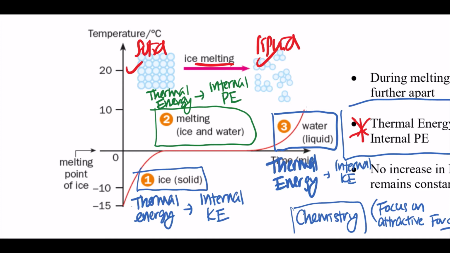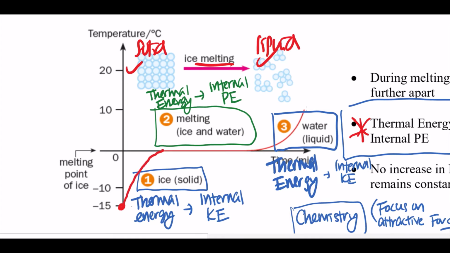The temperature starts from -15. By the way, solid ice can go below 0 degrees Celsius into the negative region, no problem with that. So assuming that we start off with solid ice at -15, as we supply heat to it, the temperature increases.